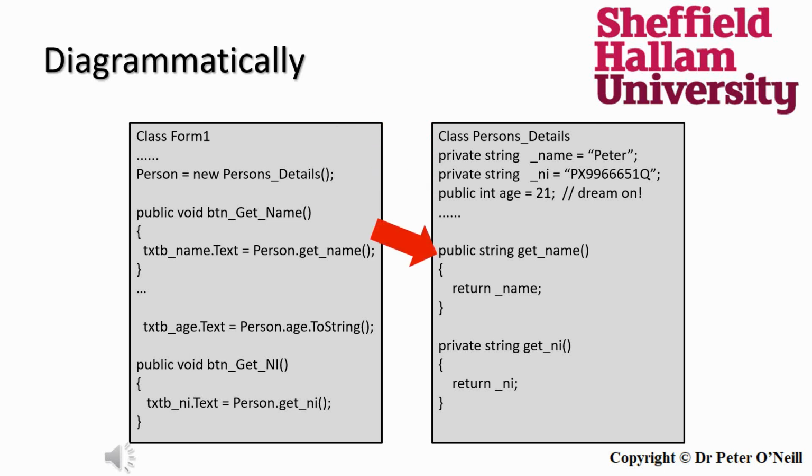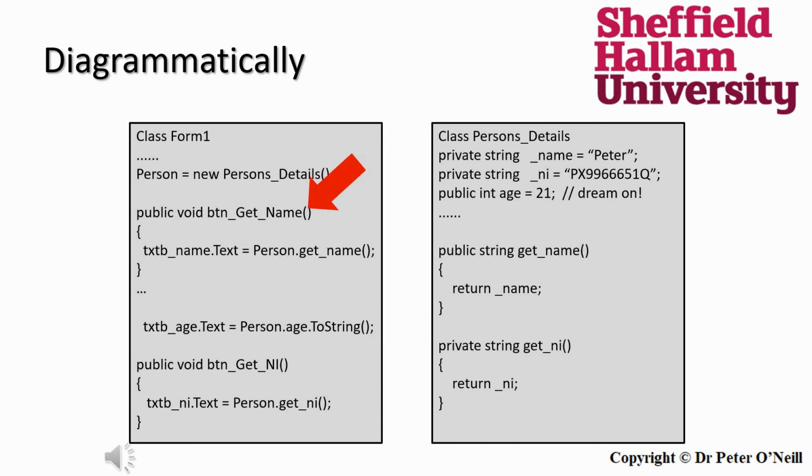We've also got the methods within the class of person details, which returns the name, and also one which will get the NI but not return it. So it won't return it to outside the class. Okay?